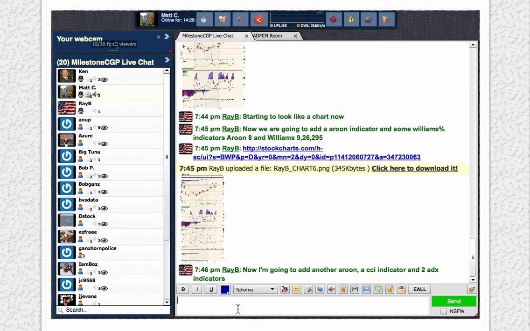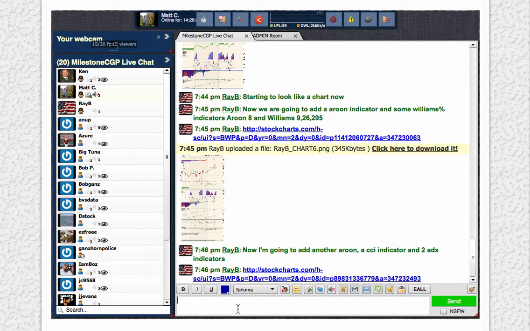Now we're going to add another Aroon and a CCI indicator and 2 ADX indicators. Remember, this is still only a basic chart that we use. You'll get the big chart one day, but this is a great starting point.